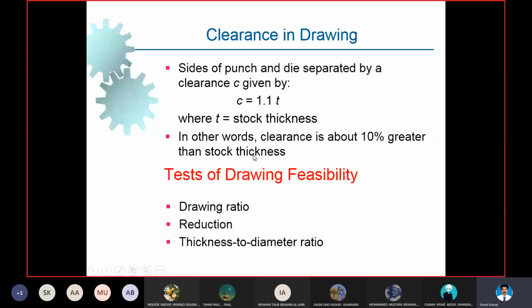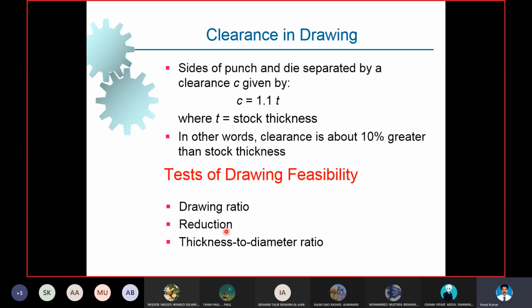Now there are certain requirements for the drawing operation. The requirements are expressed in terms of drawing ratio, reduction, and thickness to diameter ratio. So what is drawing ratio? What is reduction? What is thickness to diameter ratio? We are going to explain now.